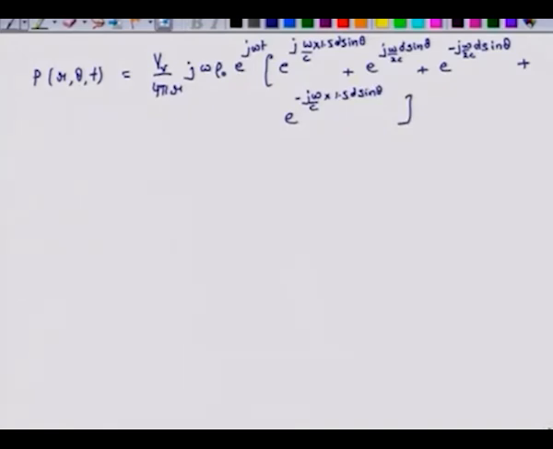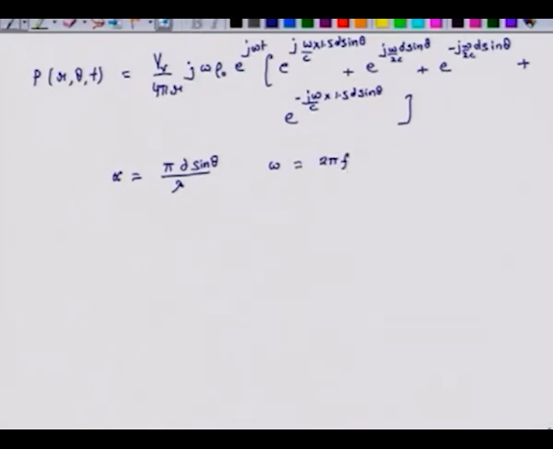Now, at this stage I put alpha equals pi d sin theta over lambda, and I also put omega equals 2 pi f.